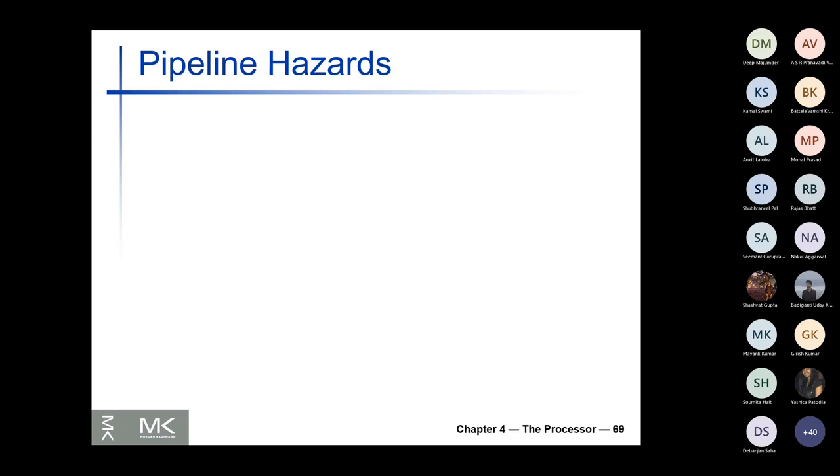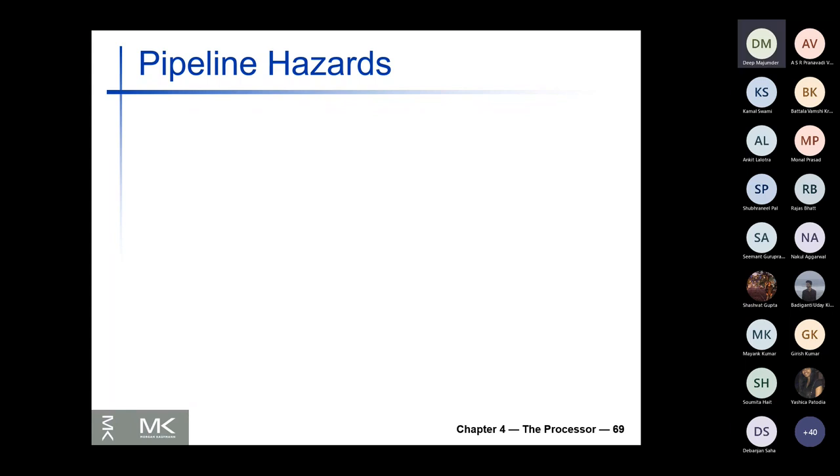So what was our main observation, or the main results you have learned so far? What would be the maximum speedup? The number of pipeline stages. Right, so that's one important result. Another important result is that once the pipeline is full, in the ideal case, in every clock cycle, what do we expect?